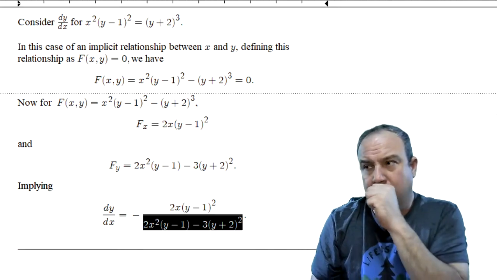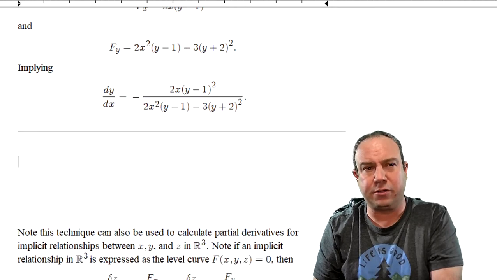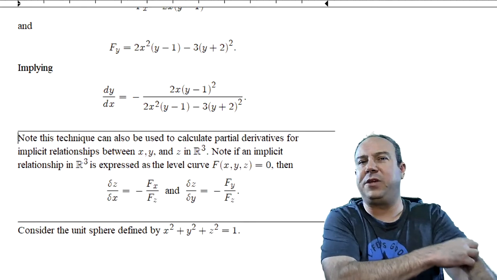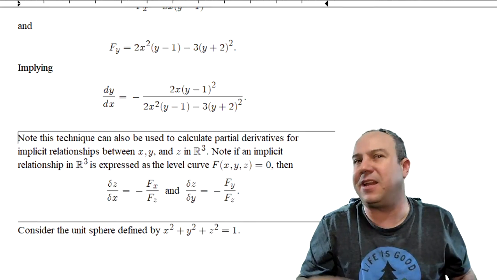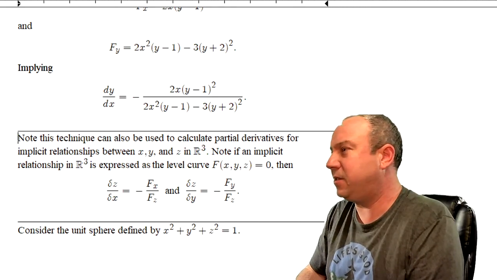Now, we do see an analogous idea here for partials. Note, this technique can also be used to calculate partial derivatives for implicit relationships between, as I said, x, y, and z in three-dimensional space.